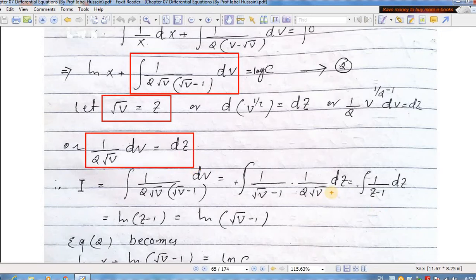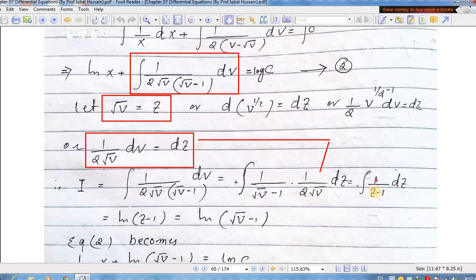So we will write here, this is the value. Looking here, we will replace this thing by dz, so we will get integral 1 over z minus 1 dz.